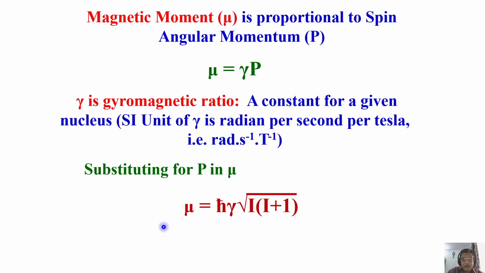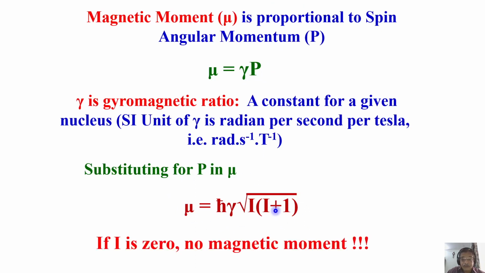Now mu becomes mu is equal to h cross into gamma into square root of I into I plus 1. All I did is substitute for P in this equation. Now what happens if I is equal to 0? Then mu becomes 0. There is no magnetic moment.